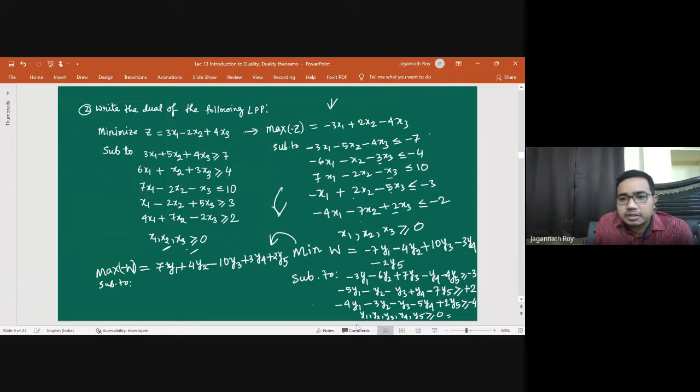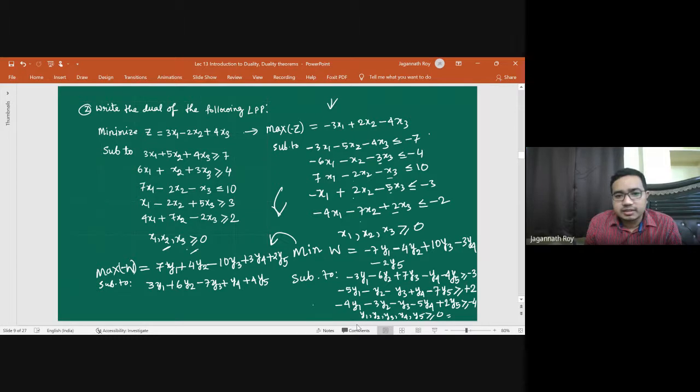Since this is maximization, we want them in less-than type. If you multiply the first by minus 1, it will become 3y1 plus 6y2 minus 7y3 plus y4 plus 4y5.